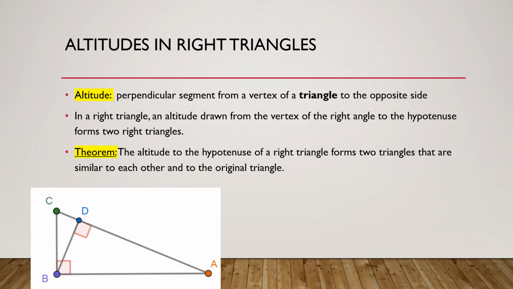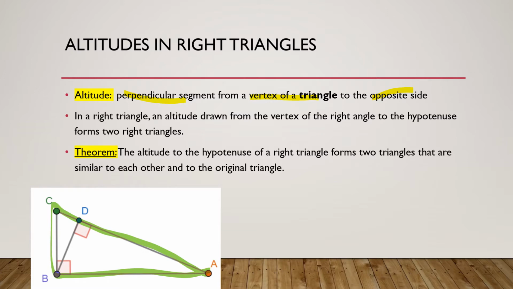So the first thing we're going to talk about is the altitudes in a right triangle. The altitude is a perpendicular line segment from the vertex of the triangle to the opposite side. In this case, ABC is our right triangle.